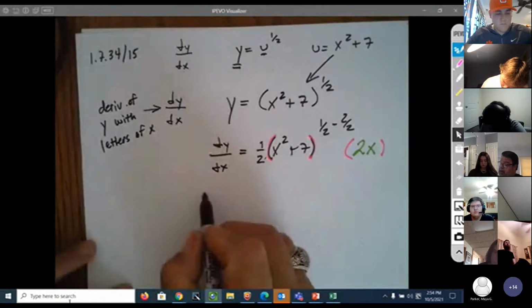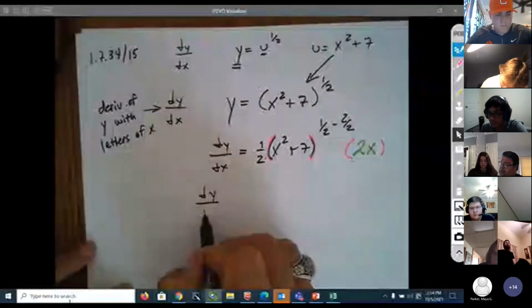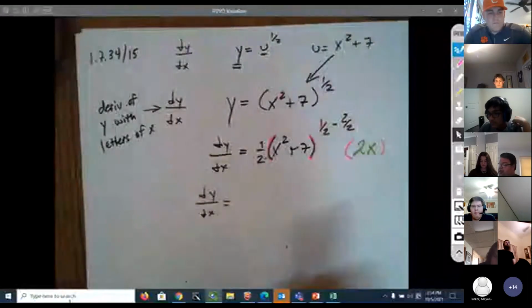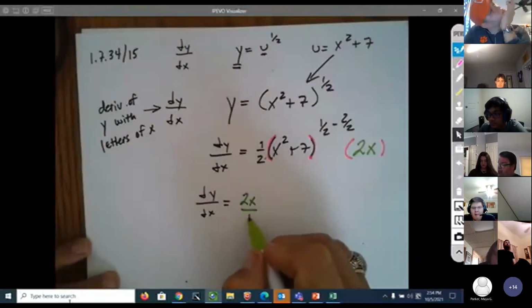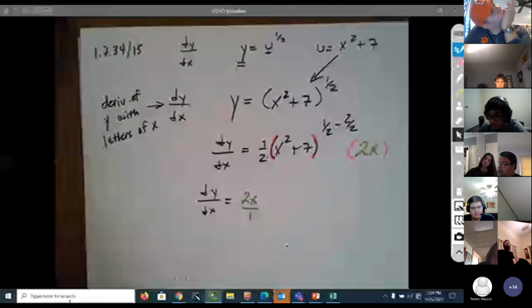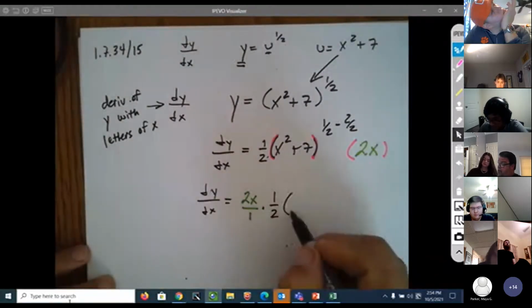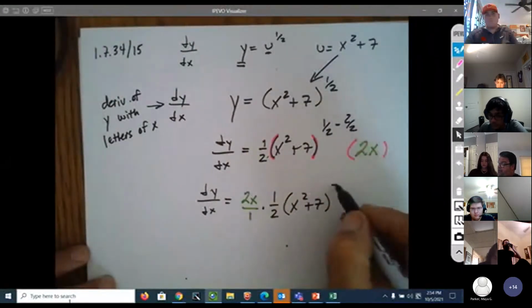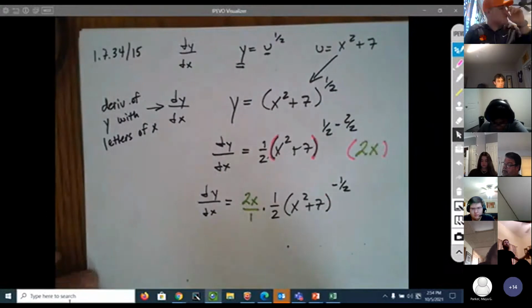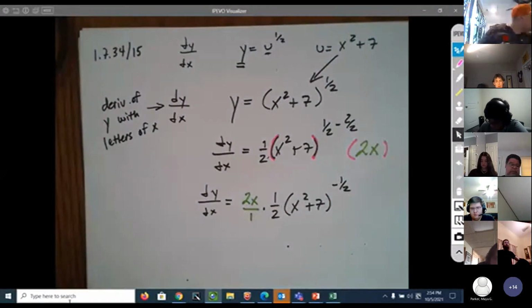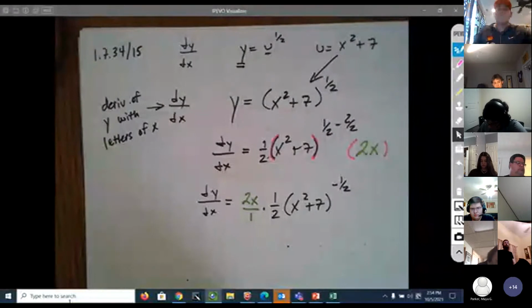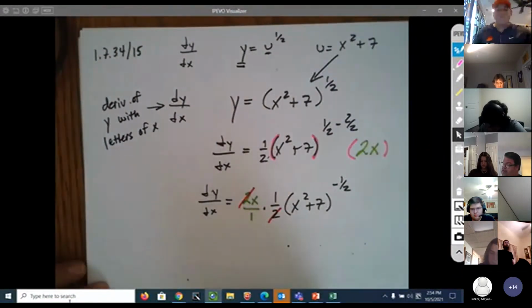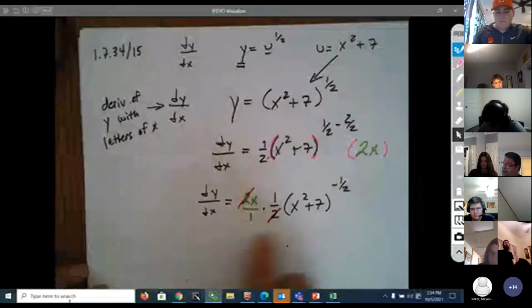Simplify. So dy dx is equal to, I'm going to bring that 2x out front because this is all multiplication, 2x over 1 times 1/2 x squared plus 7 to the 1/2 minus 2/2, which is negative 1/2. And that 2, get the red pen out, that 2 will cancel with that 2. Just leave x on the top, and this comes down.